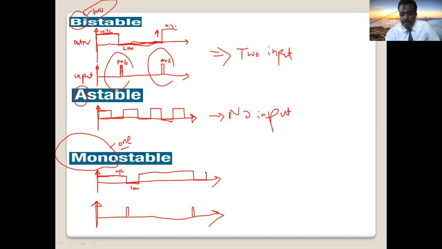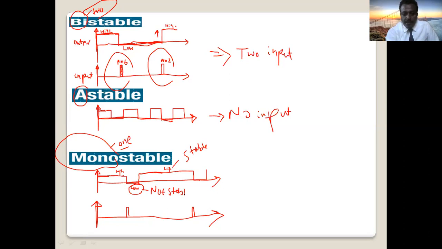It changes by itself. Now, which state is stable? The high state is the stable state. Stable means, as I said, it remains in that state unless we apply external input. How about the low? Is it stable? No, it's not stable.